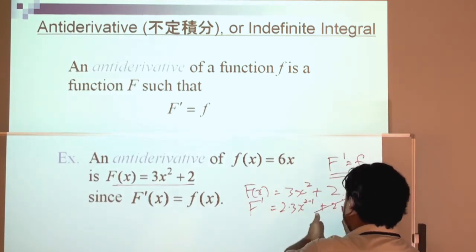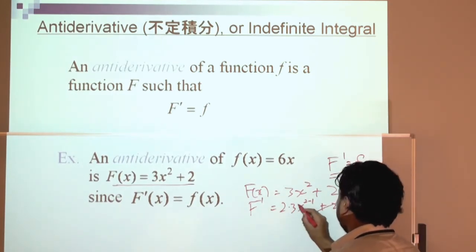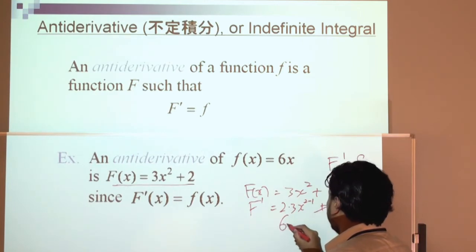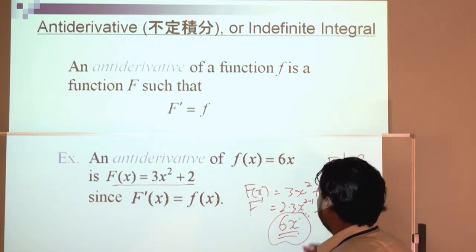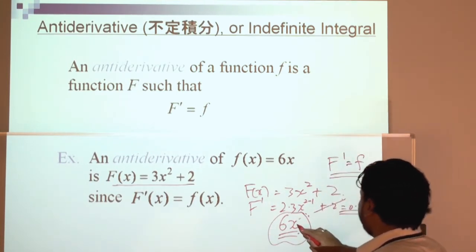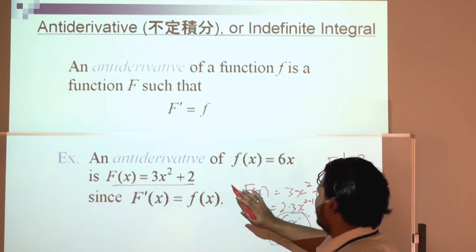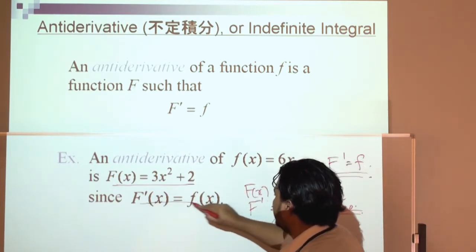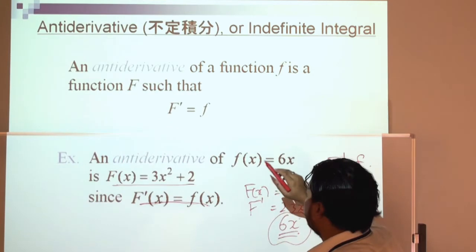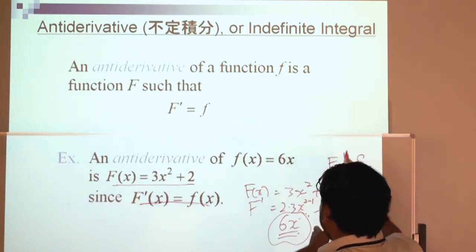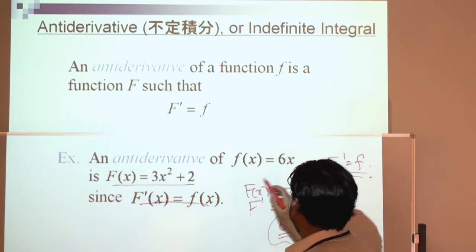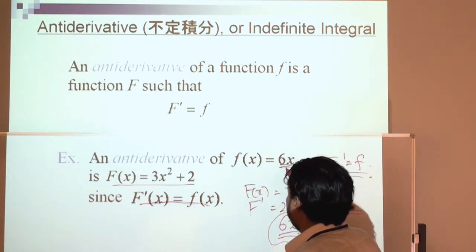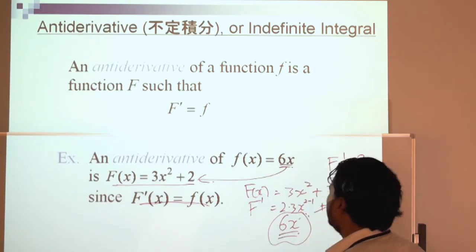All constants become 0, the constant rule. 2 threes, 6, x, 2 take away 1, x to the 1, or just 6x. Okay? So 6x is the derivative of this function. Therefore, integration is going back the other way. So the integral of 6x is 3x squared plus 2.